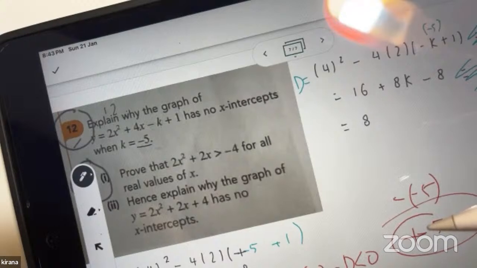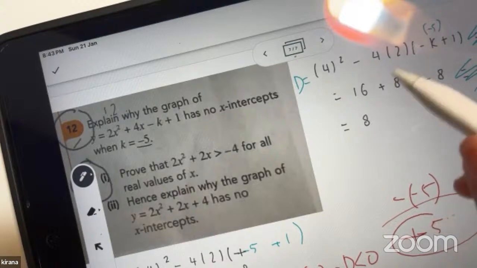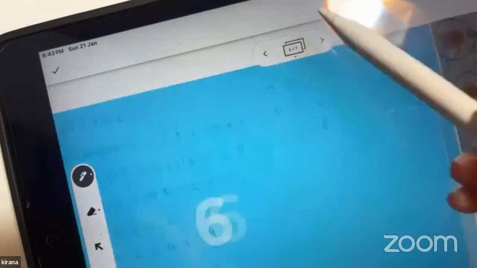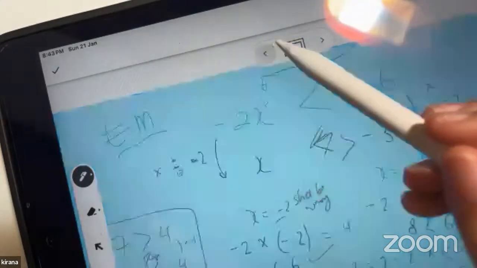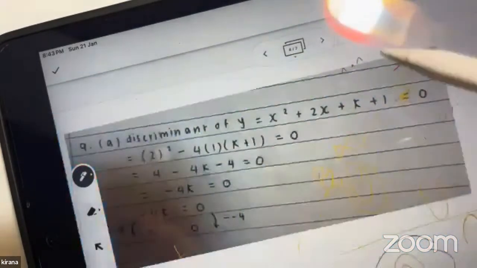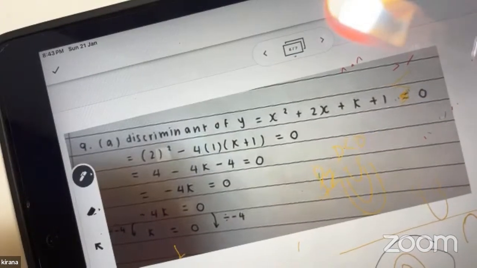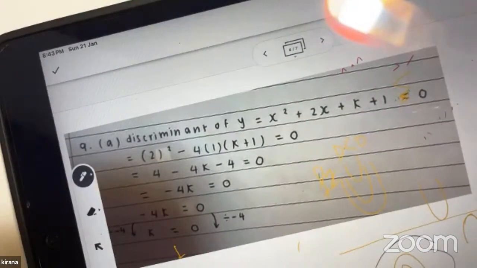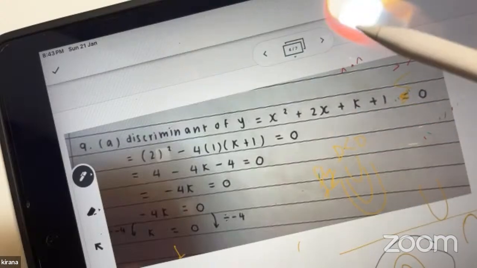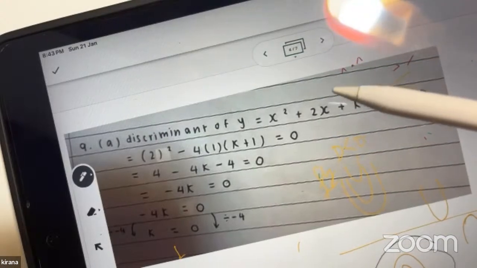Do you remember? You don't remember, you go back to page 4. Come on, I asked you to memorize something on page 4. Discriminant is always smaller than 0 if it's floating, flying, and it looks like what you're drawing.